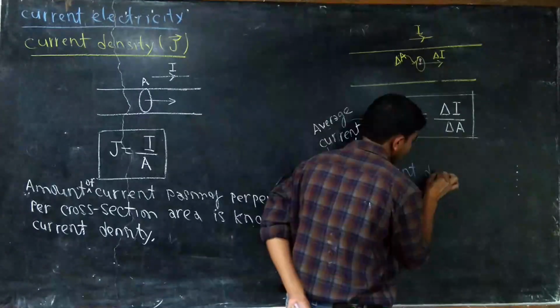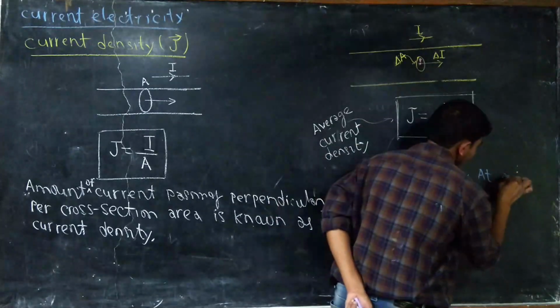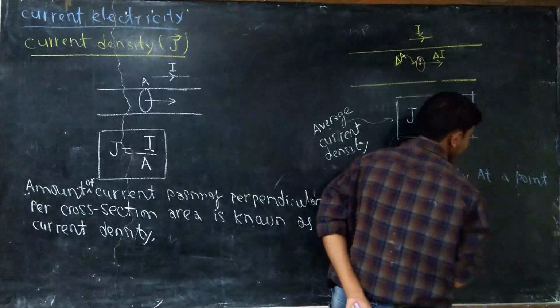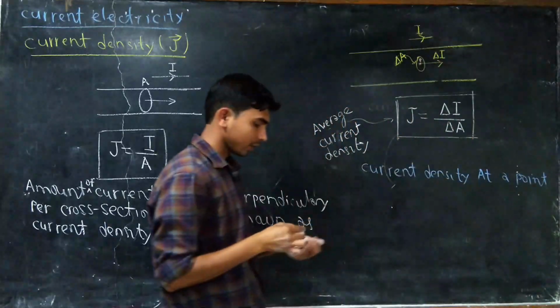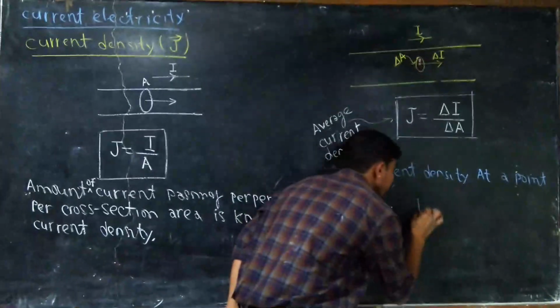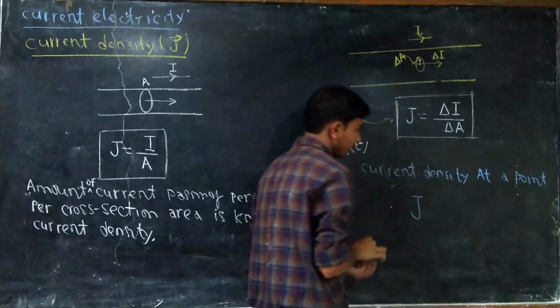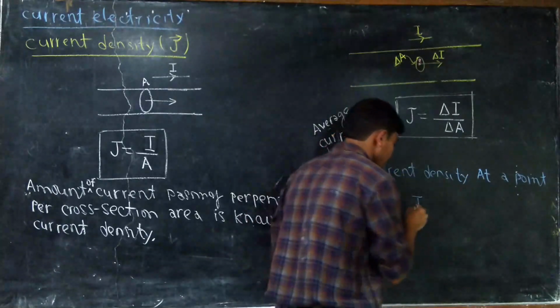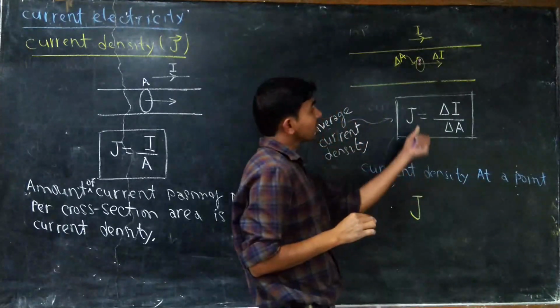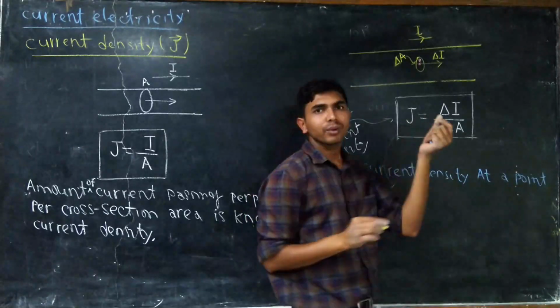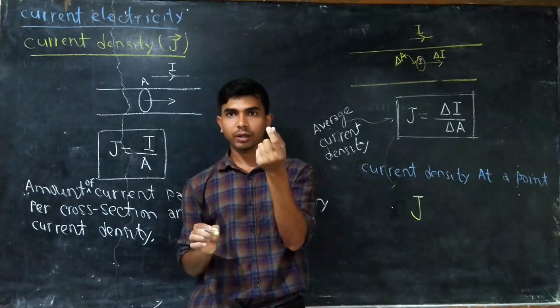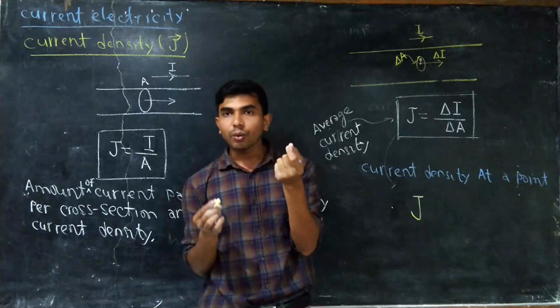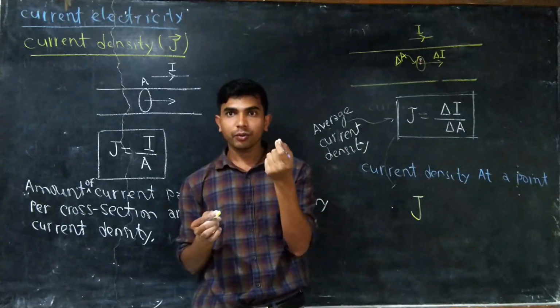Current density at a point J is equal to, see here, a point has a very small area. That means the area of a point is infinitely small.